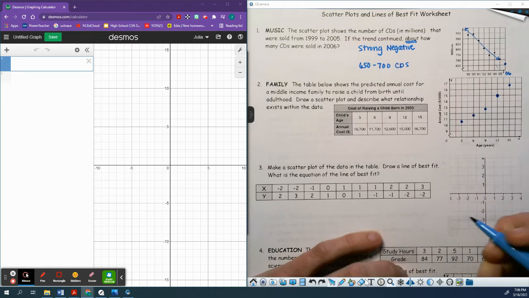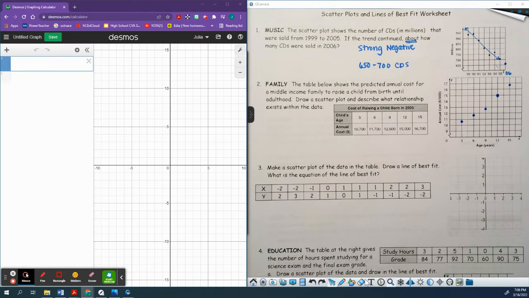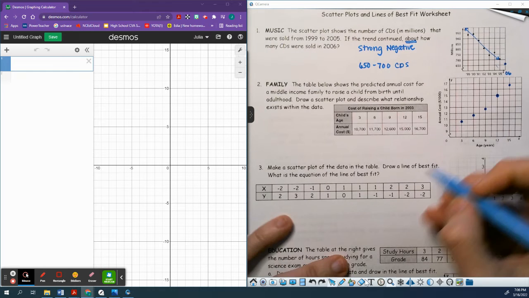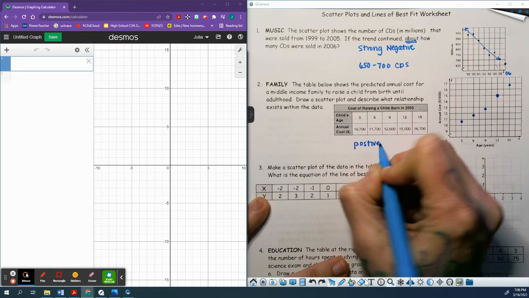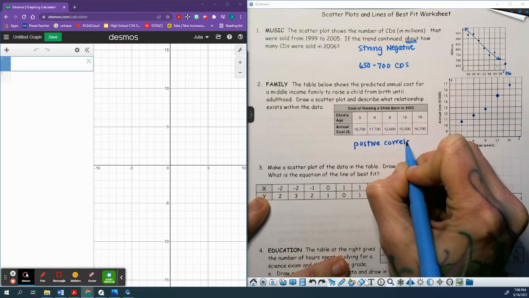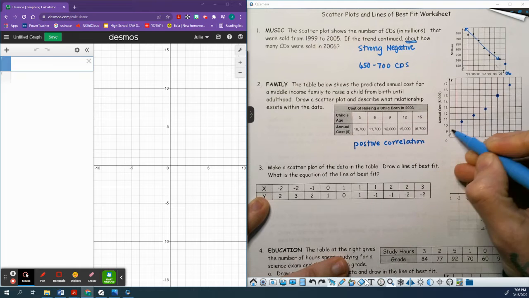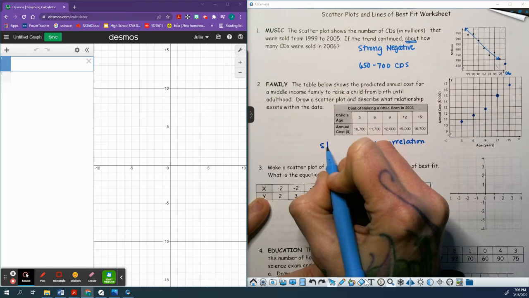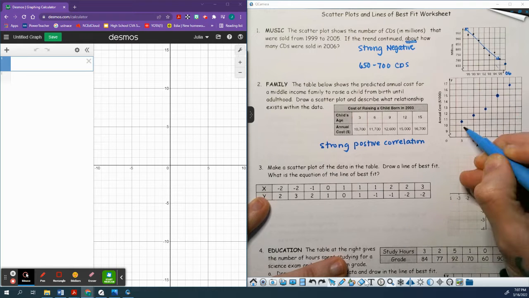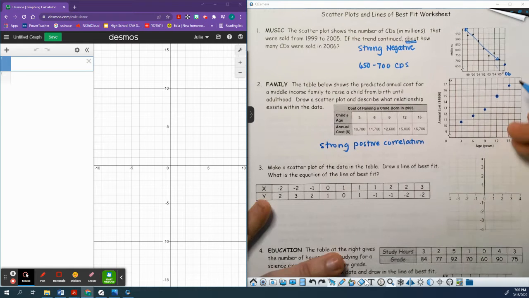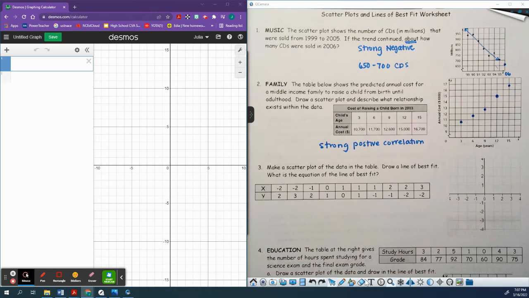So discussing that correlation, if we're assuming that it's linear, it is going to be a positive correlation because it's increasing to the right. And then I would call it fairly strong because it's really close to a line. It's not perfect. It did a little jump up here, but for the most part, we could draw a line that got really close to all of those points.